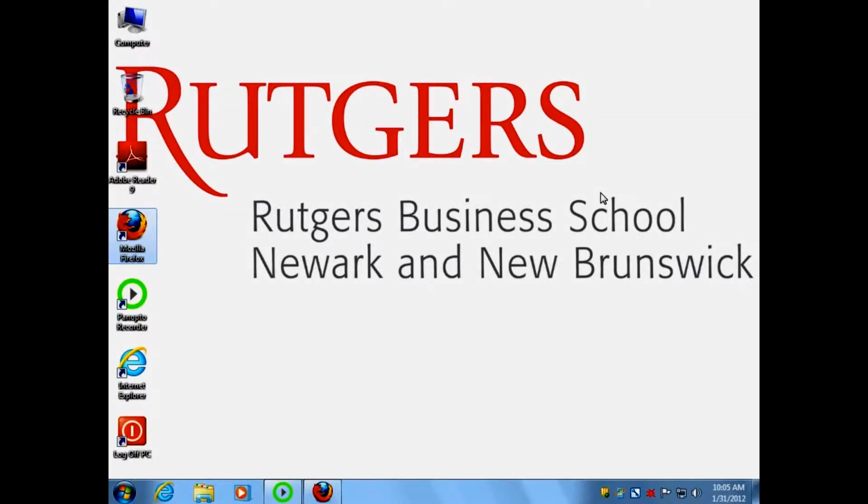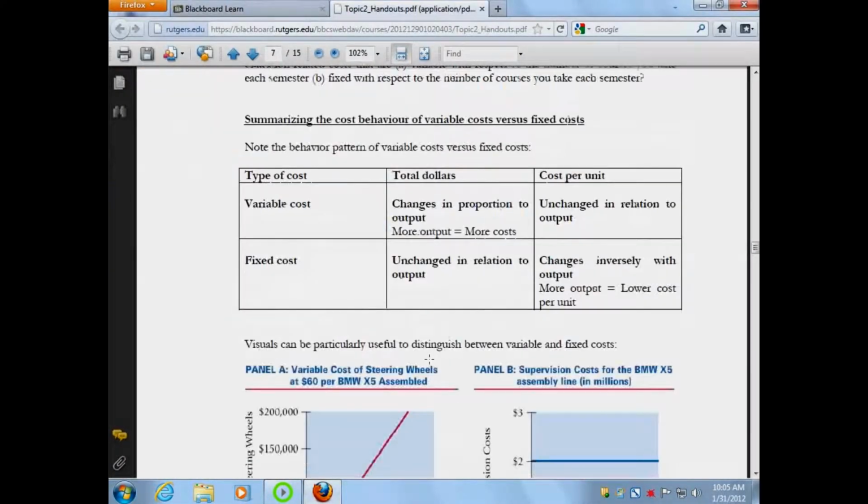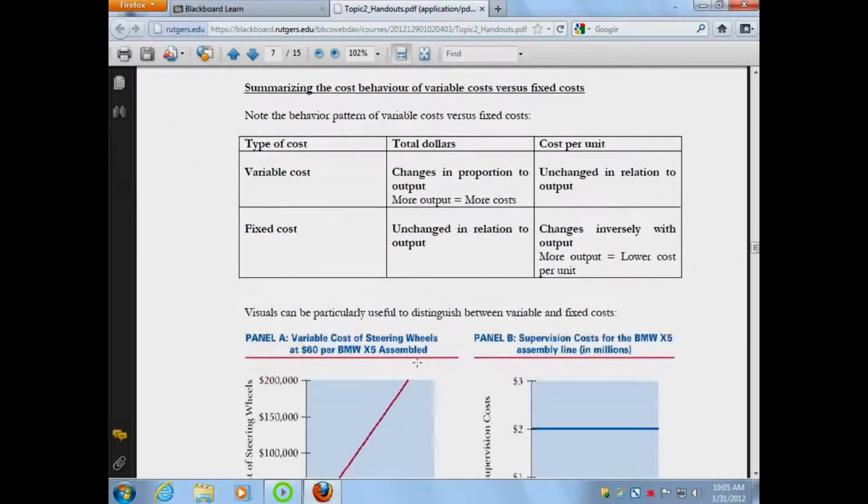Now there's one issue that we talked about for about 15 minutes last week, which I want you all to keep in mind, which is how variable and fixed costs function on a total basis as opposed to on a per unit or an average basis. Okay? And we made a very important distinction here.